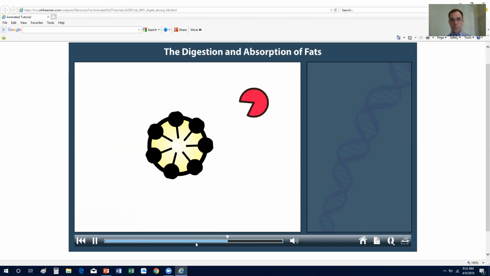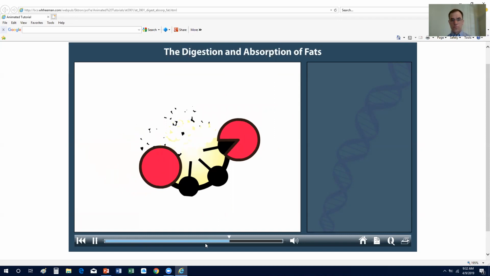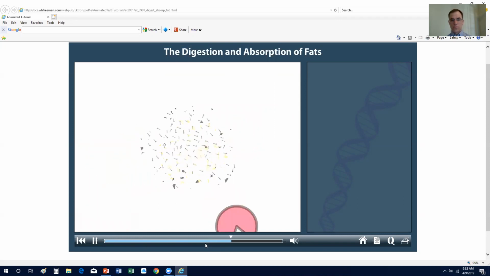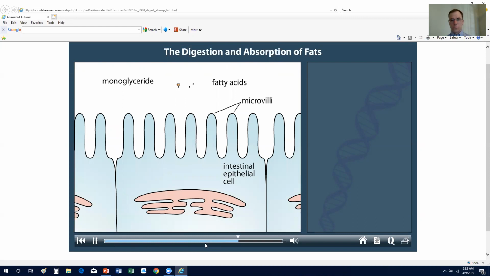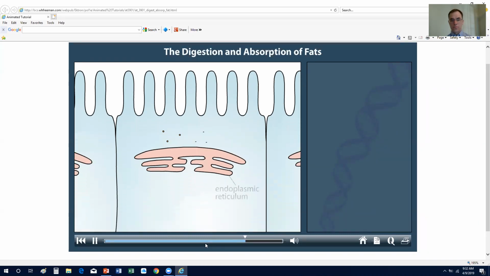Once stabilized in micelles, digestive enzymes from the pancreas can begin their work. Lipase breaks down the fats into fatty acids and monoglycerides. Because these products are lipid-soluble, they can easily pass through the plasma membrane in the intestinal mucosa and enter the epithelial cells. Once inside the cells, the fatty acids and monoglycerides enter the endoplasmic reticulum, where they're resynthesized into triglycerides, combined with cholesterol and phospholipids, and coated with a protein to form chylomicrons.